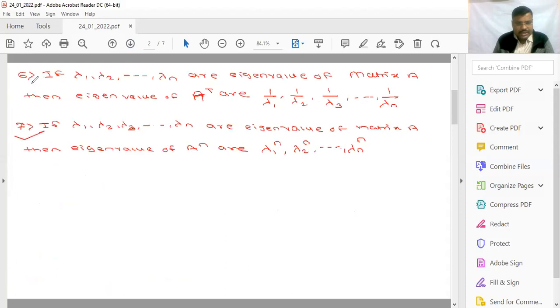But for the 6th one, the eigenvalue of A and the eigenvalue of A transpose are the same actually.